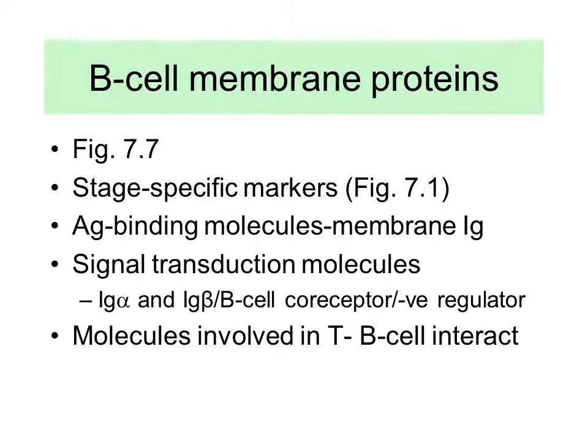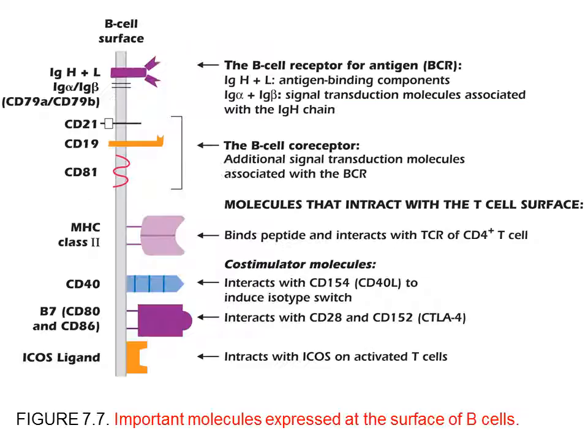Now, let's talk about what those signals are and how we manipulate them. But before we manipulate them, we need to know what they are and what their functions are before we go and mess with these signals. Now, if you pay attention to this slide, these are some of the important molecules expressed at the surface of the B cell.